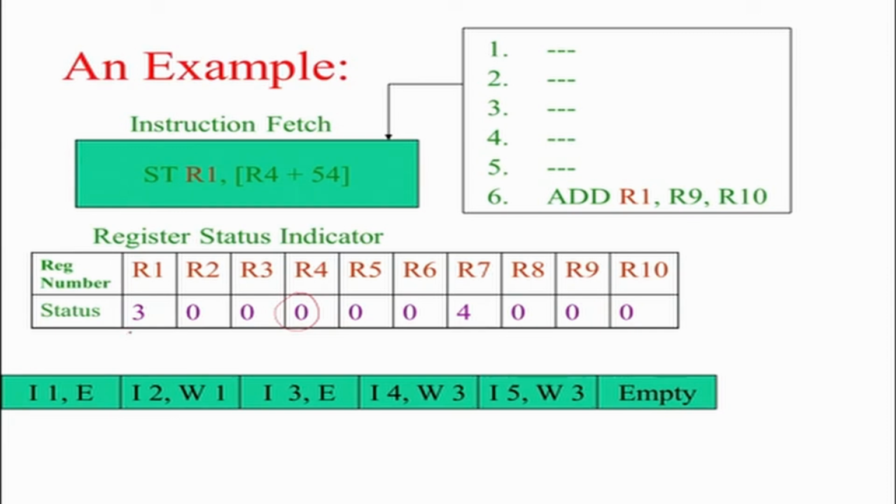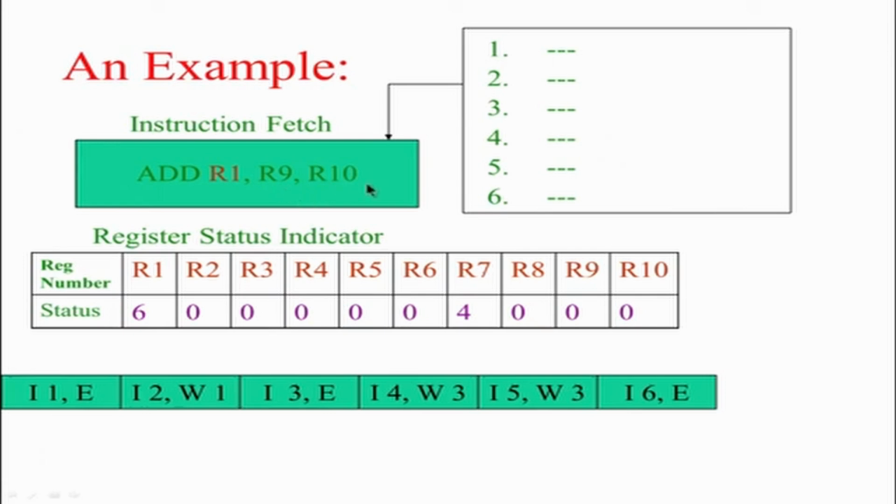By execution unit 3. So I5 will also now go and wait for execution unit 3. Are you following? R1 is currently being computed by execution unit 3, so I5 should also wait for execution unit number 3.